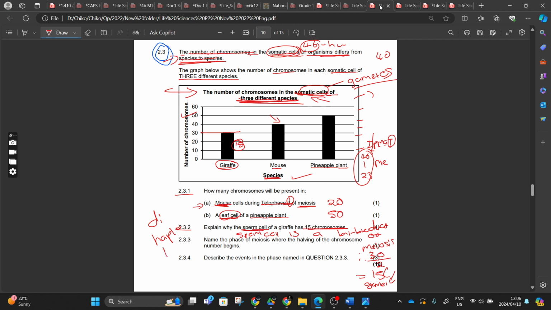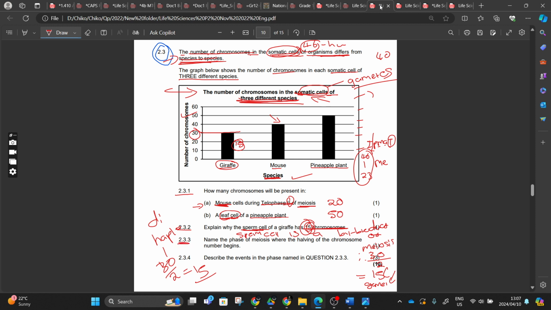So with haploid, we know it's half the total number, which will be 30 divided by 2, which will be 15, right? So where is that 15 coming from? This is where you have to show it, because they are asking you to explain why the sperm of a giraffe has 15, and we don't see 15 in our graph. So you also have to show us why we get this 15, right?